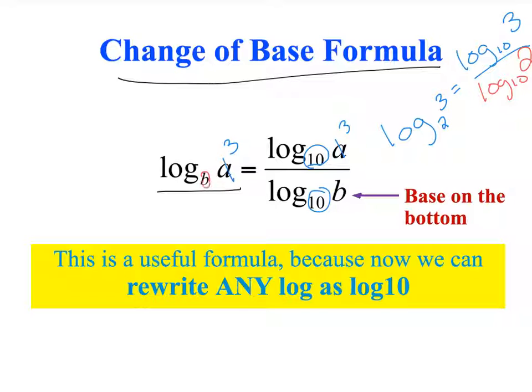So this, in my example, is 2, and that becomes 2. Now the way I remember it is, what I'm doing is I'm putting the big number over the little number. So log of 3 is the big number, that goes on top, over log base 10 of 2 goes on the bottom. So the big number over the little number. I'll show you, it'll make more sense.